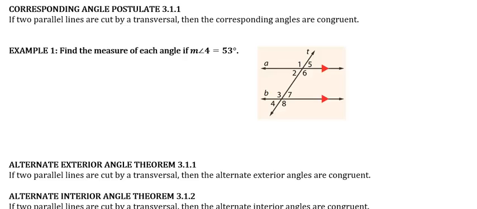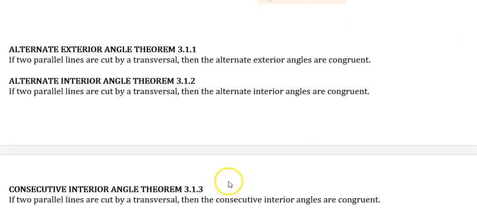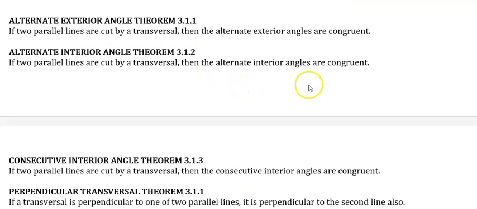All right, next up, we're going to go to the next theorem. The next theorem is the alternate exterior angle theorem. It's telling us if two parallel lines are cut by a transversal, then the alternate exterior angles are congruent.